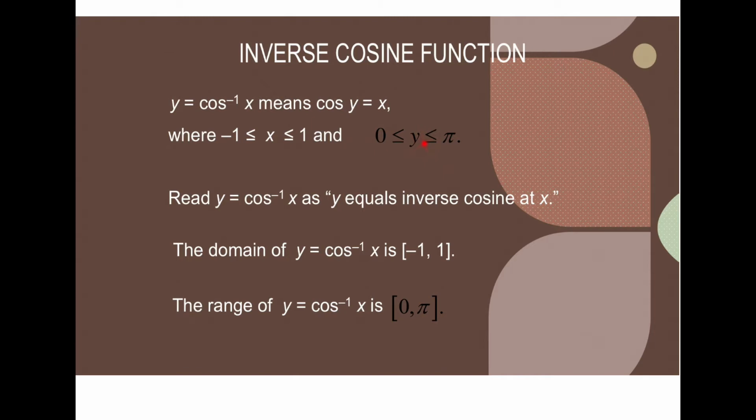And then the range, the y, is going to be 0 to pi, again, what would be the values that we would take the cosine of, somewhere between 0 and pi. So this reads y equal to the arccosine or inverse cosine of x, and the domain of the arccosine is from negative 1 to positive 1, and the range is 0 to pi.